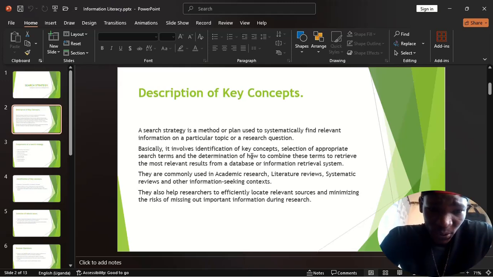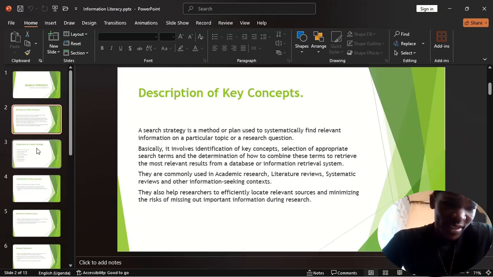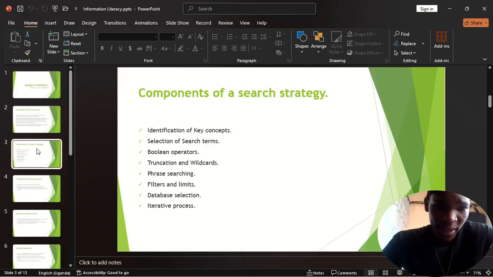Such strategies also help researchers to efficiently locate relevant sources and minimize the risk of missing important information during any research. There are basically 8 such strategies, but in the first video I'm going to look at 2 of them, and the other 2 will go to the next video, up to the 4th video.